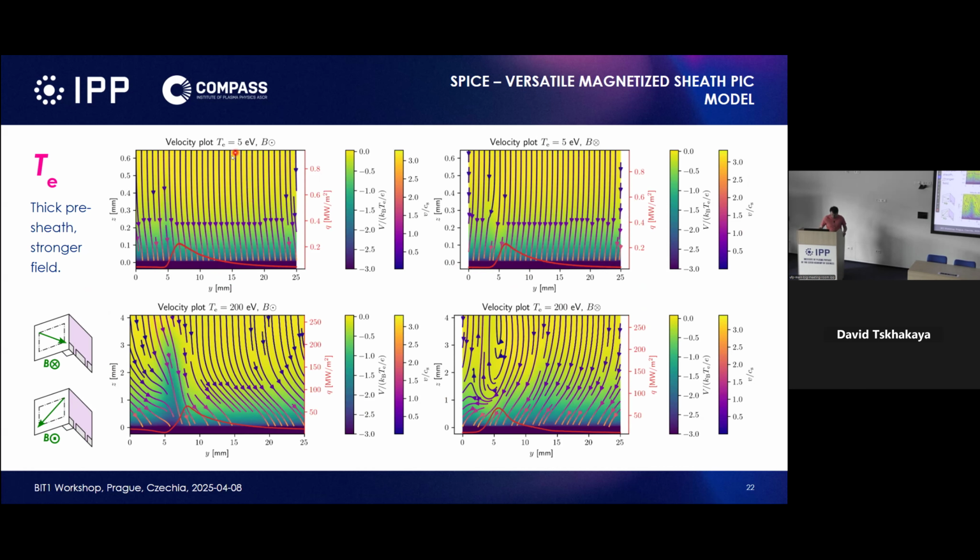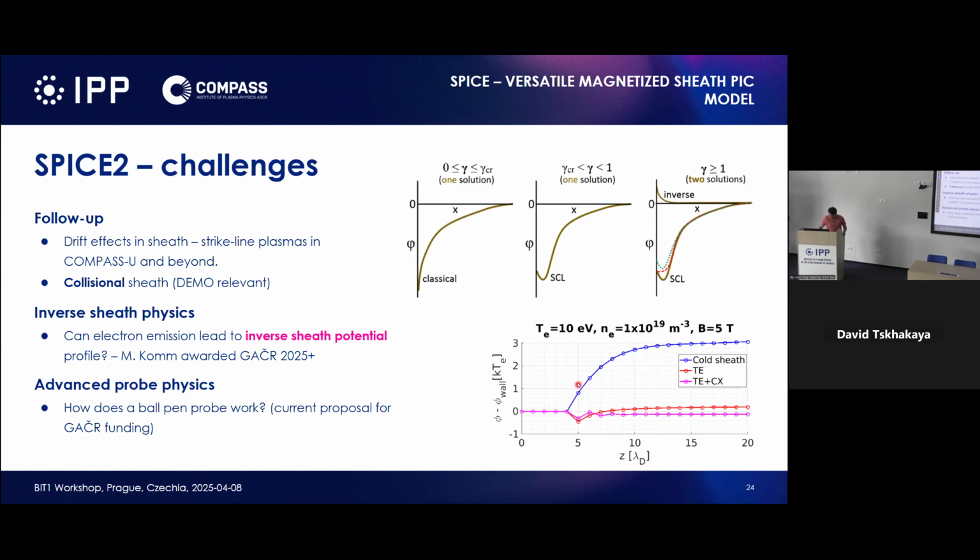You can see how the ion streamlines are flowing on the surface in the case of the forward and backward magnetic field. This is a comparison of two different values of the temperature. If you have a large temperature, then you have a thick pre-sheath and a stronger field forms, and the magnitude of the shift is different. So what are the current challenges now?